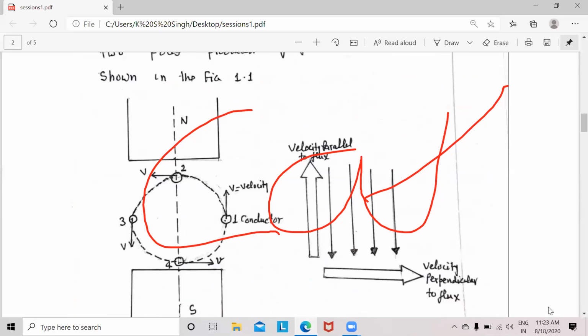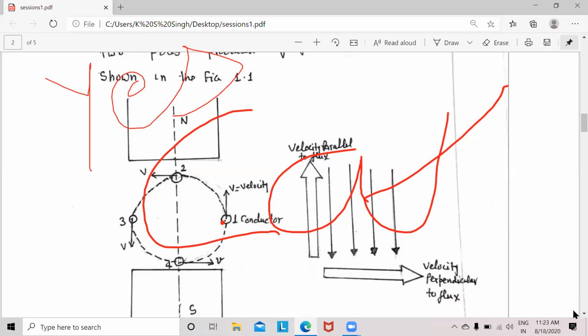So in this figure, the voltage induced at point 1 is 0. At point 2, maximum voltage is induced. Again at point 3, the voltage induced is 0, and at point 4 the voltage induced is maximum, and again it comes to 0.